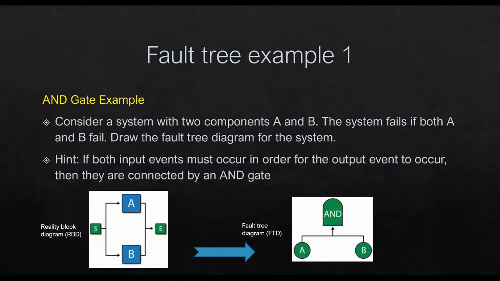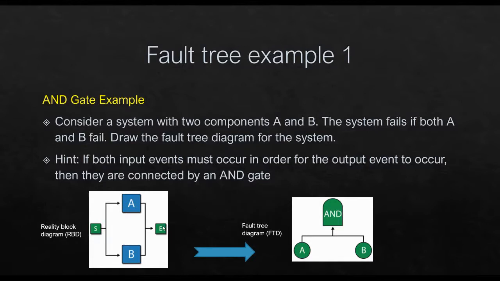If A is 1 and B is 0, the output is 0. So for example, we have the reliability block diagram. We have the start and the end, the start and end of the event, or the cause of the event, or the probabilities of the event.